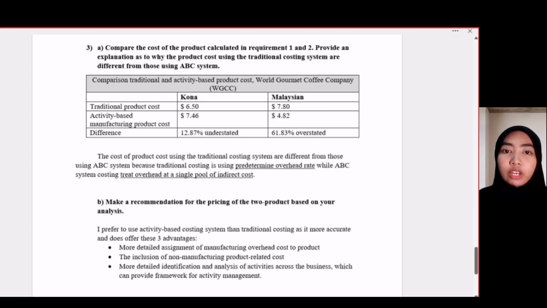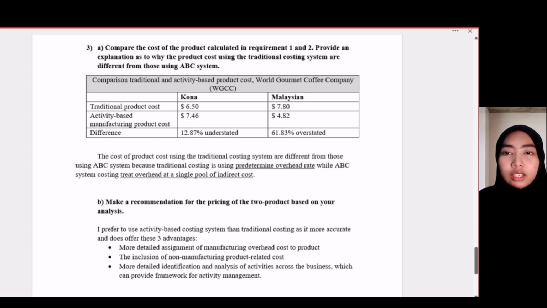For the activity-based manufacturing product cost, Corners consumes $7.46 and Malaysian coffee consumes $4.82. The differences we can see is 12.87% understated for the Corners and 61.83% overstated for the Malaysian coffee.